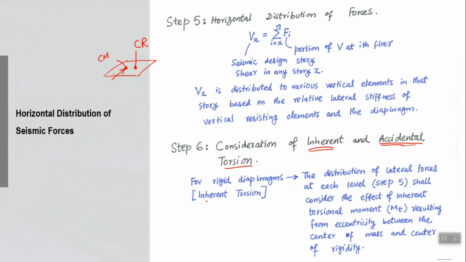So, for rigid diaphragms and inherent torsion case, the distribution of lateral forces at each level, which is this one, horizontal distribution, shall consider the effect of inherent torsional moment resulting from eccentricity between center of mass and center of rigidity. So, when you allow a computer program to automatically apply the horizontal distribution and you use the rigid diaphragm option, this one, the program will automatically include the inherent torsional moment in your analysis, right.